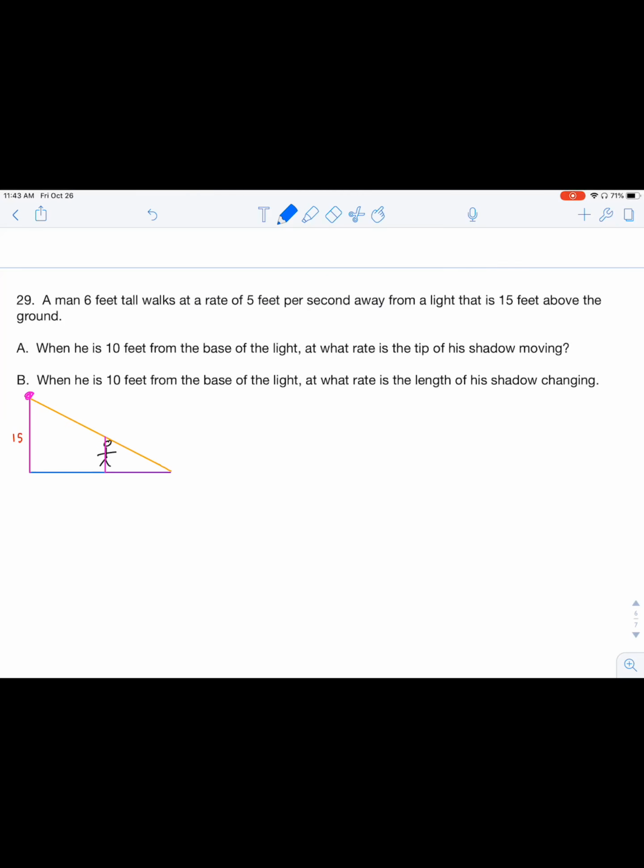So in the first case, we have to take the distance the man is away from the lamppost, which I know is 10, but let's just call that distance x, okay, which means the rate of change of x, dx/dt, is how fast he's walking away. Specifically, in this case, he's walking away at 5 feet per second.